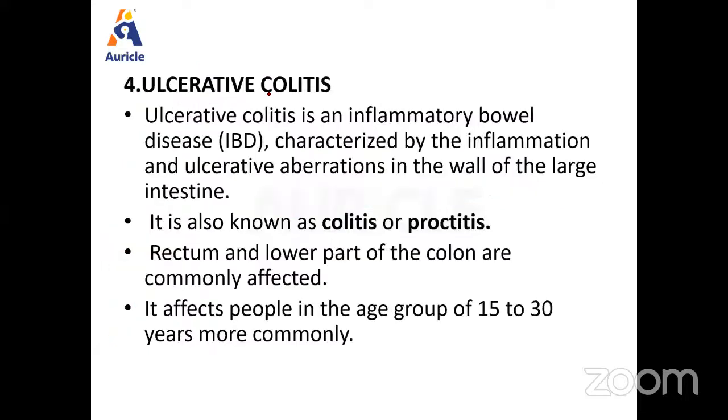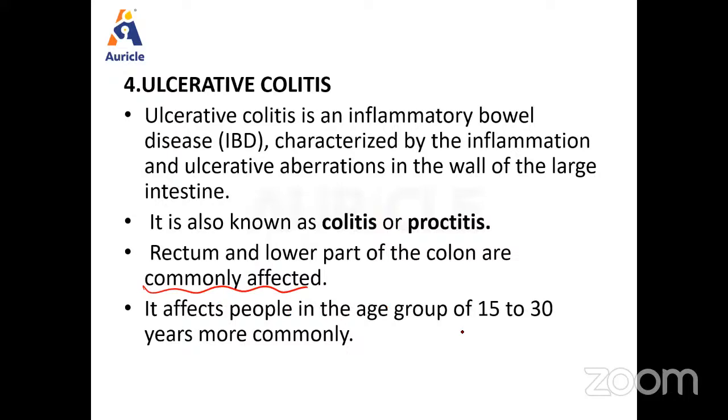Next we have ulcerative colitis, also known as IBD. Ulcerative colitis is an inflammatory bowel disease characterized by inflammation and ulcerative abrasions in the wall of the large intestine. It is also known as colitis, and the rectum and the lower part of the colon are commonly affected.